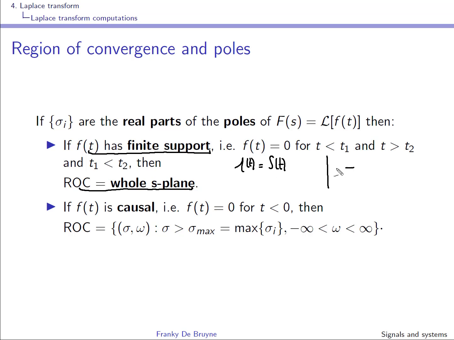By definition, this function here that I'm drawing has finite support, right? And we have seen that indeed the Laplace transform F(s) is equal to 1, and that the region of convergence was the whole S-plane. So this is an example of this.